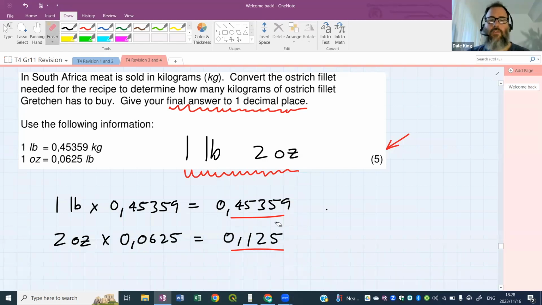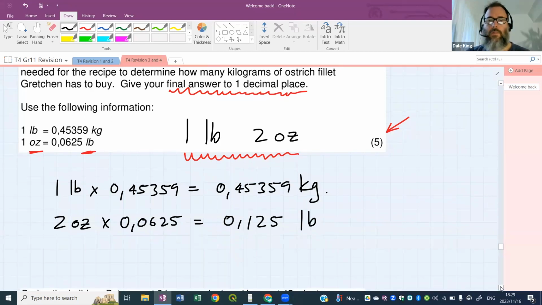But if you have your units in place, you will see the top one is in kilograms. The bottom one, if we look at the conversion over here, takes you from ounces to pounds. So this second one is not kilograms, that's pounds.